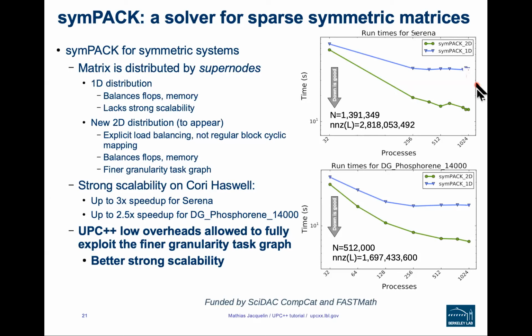For that particular example, we see that at scale we achieve a speedup of up to 3x over the 1D data distribution. For this other example, which is a matrix coming from an electronic structure computation application, the speedup achieved is 2.5x. So we do achieve excellent performance at scale on a full solver using UPC++.